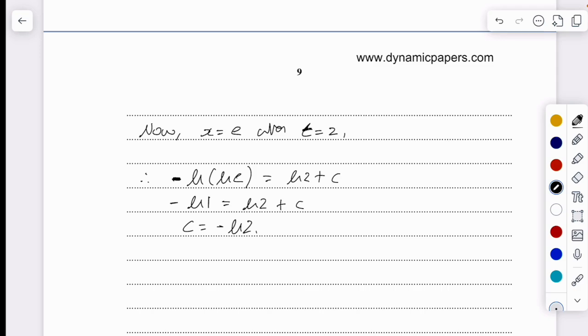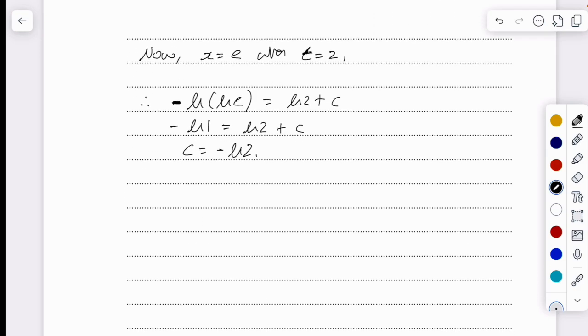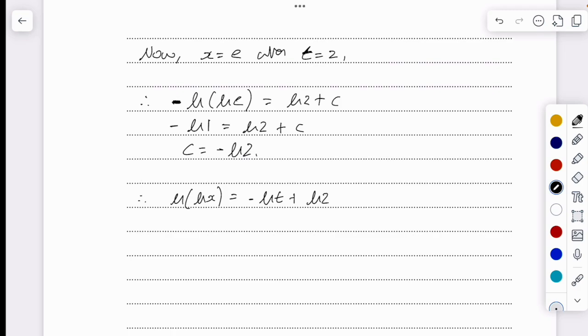So putting this all together now, guys, what we get is therefore ln x is equal to negative ln t plus ln 2. And this is a part that's going to kind of trip people up a bit, because you've got ln x, what do we do now?